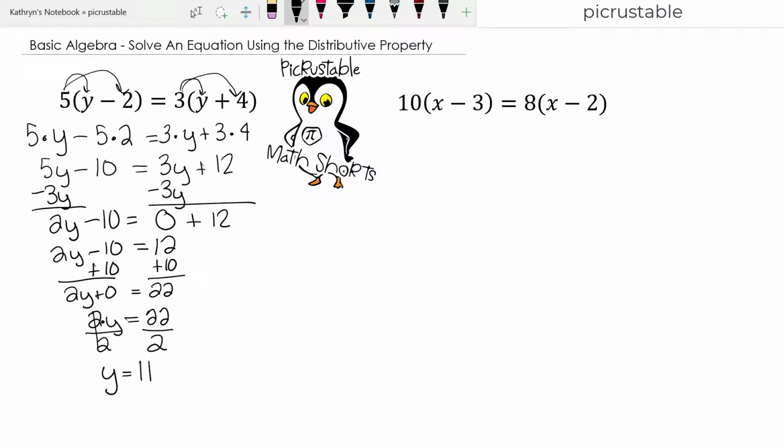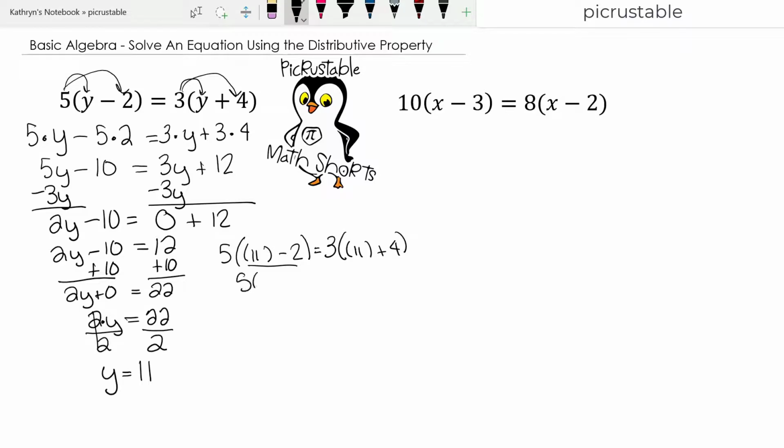Let's check it really quick. I have 5 in parentheses minus 2. Now we think y is 11, so I'm going to put 11 in there. Equals 3 parentheses plus 4, and we think that's 11 too. Order of operations says we have to do what's in parentheses first, so I need to do 11 minus 2.